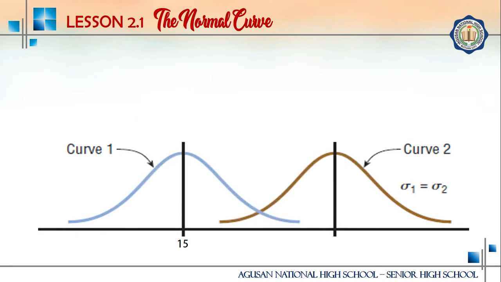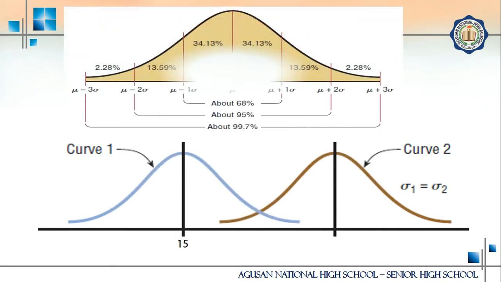Now use the empirical rule to get the value of one standard deviation below the mean and one standard deviation above the mean. To get one standard deviation below the mean, we follow this formula, which is mu minus 1 standard deviation.